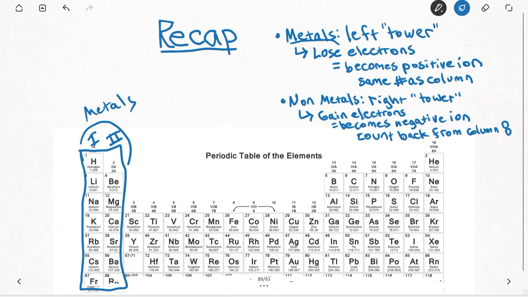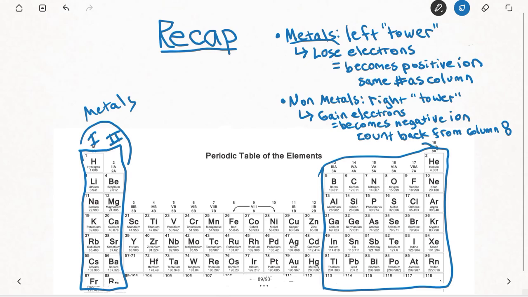And then the nonmetals, the tower on the right, they gain electrons, and that makes them become a negative ion. You find out how many electrons they gain, and therefore what their negative charge is, by counting backwards from column 8. So 1, 2, 3, 4. So carbon would have gained 4 electrons, and therefore has a negative 4 charge.